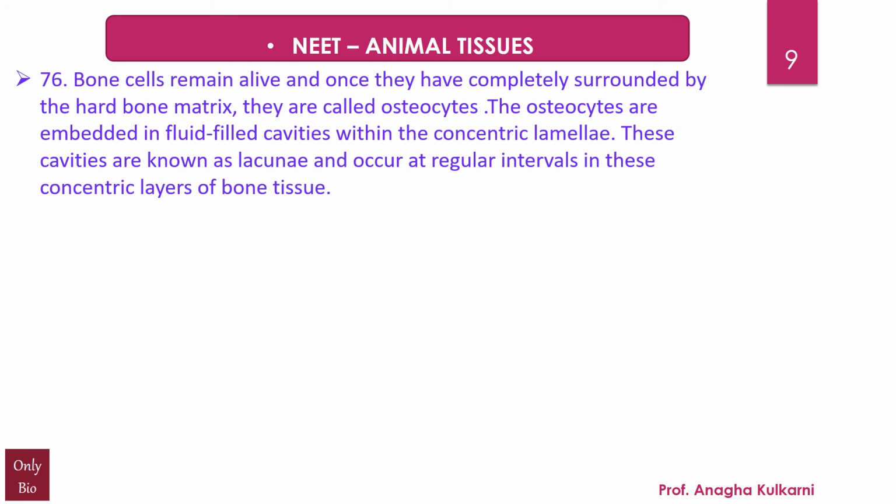Point number 76. Bone cells remain alive and once they have completely surrounded by the hard bone matrix, they are called as the osteocytes. The osteocytes are embedded in fluid-filled cavities within the concentric lamellae. These cavities are known as lacunae and occur at regular intervals in these concentric layers of the bone tissue.